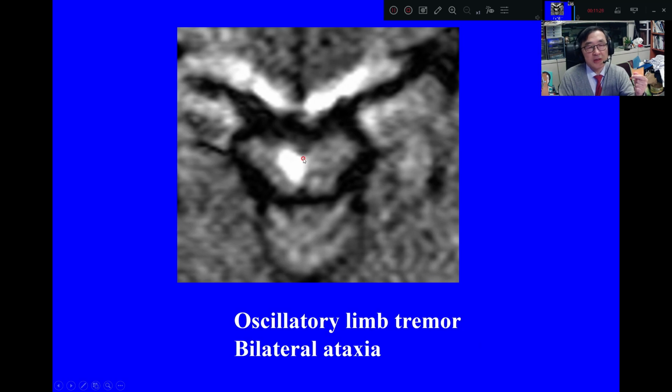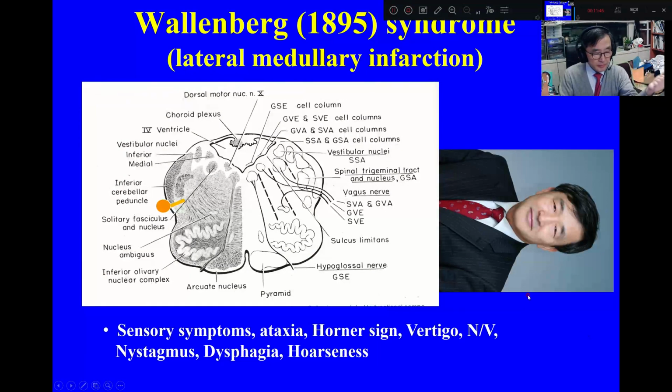This patient has a lesion here near the red nucleus. She had such problems, ataxia, changing into permanent oscillatory limb tremor and bilateral ataxia.